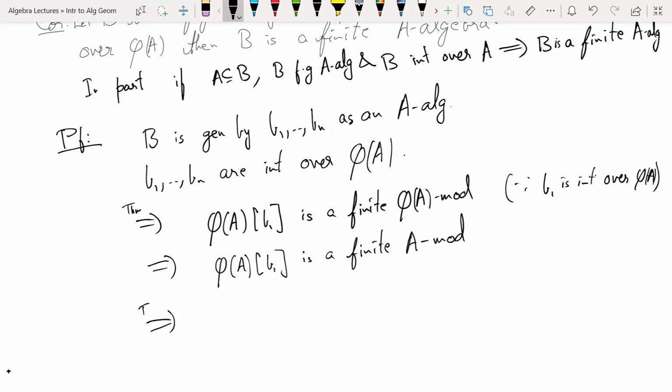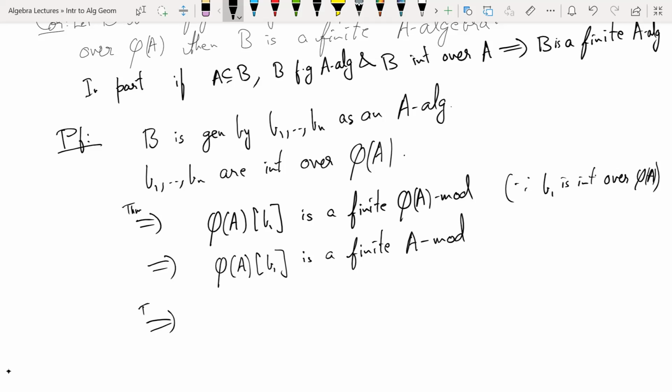Now you use that b2 is integral over phi(A) and hence over phi(A)[b1]. If it's integral over a subring, it's going to be integral over a bigger ring as well, because the same equation, the same monic polynomial, will work.